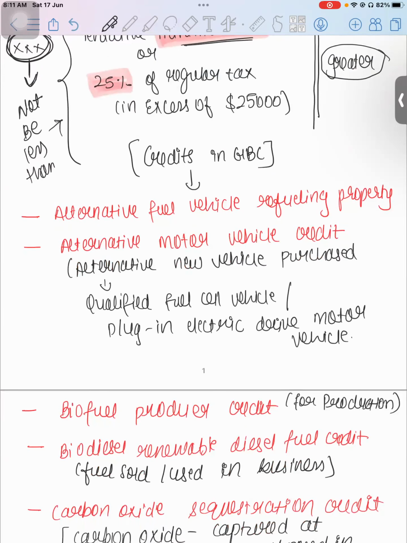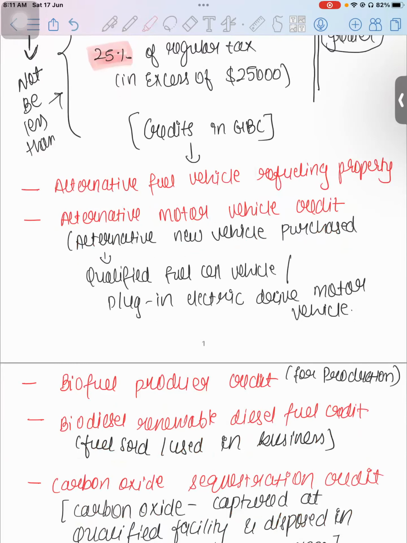Okay. So the first one is the alternate fuel vehicle refueling property credit. It means, if you have incurred any cost for qualified fuel vehicle refueling property which you are placing in service in the business in the current tax year. There is a proper definition provided by the IRS.